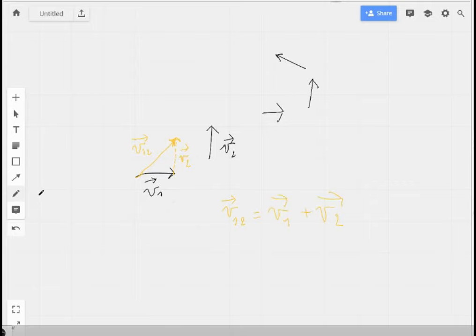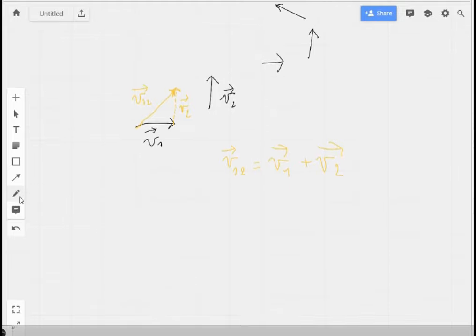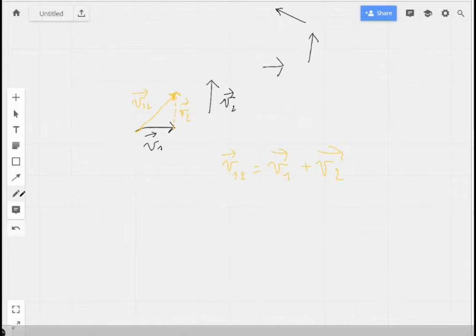But what we can do, of course, you could take v1,2 and add the third vector, and so on. There's something much faster you can do, and that's the following. You can position the vectors the following way.